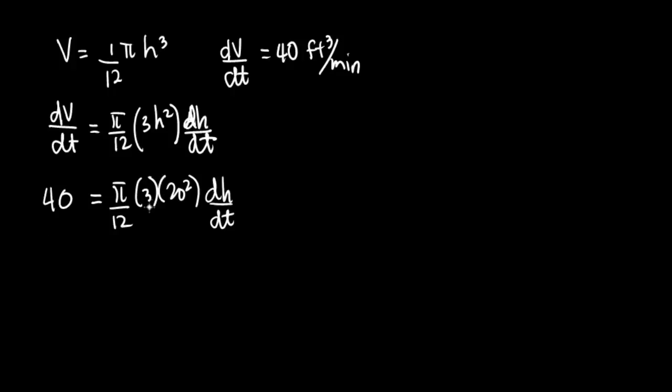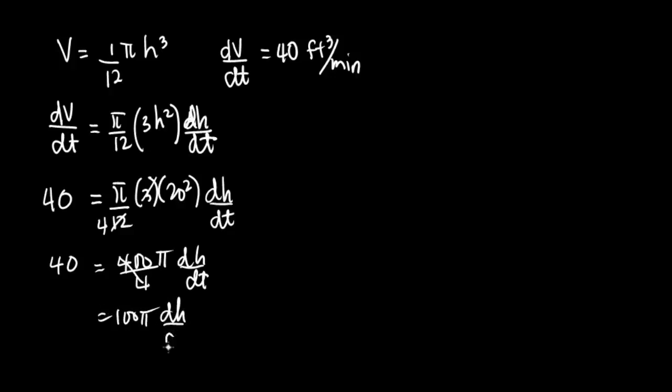So what cancels out here? This cancels into 4. Then we have 400 divided by 4, so it's going to be over 4 pi dh by dt. And then you have a 40 here, so that cancels out. We have 100 pi dh by dt.